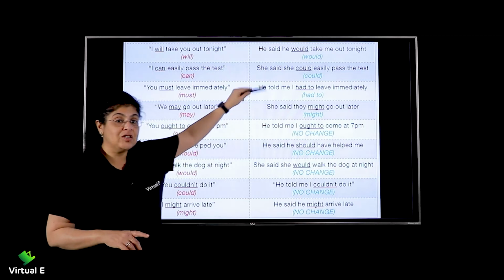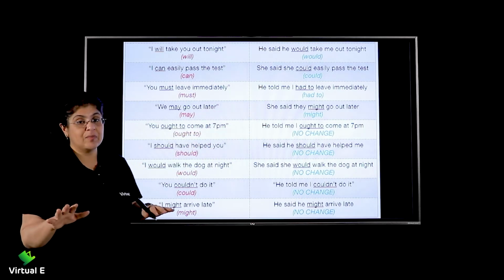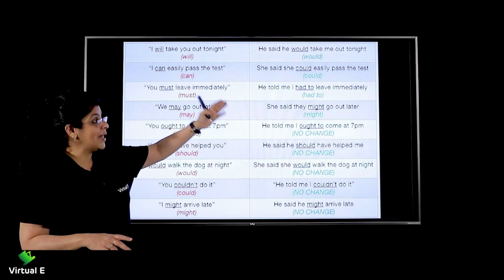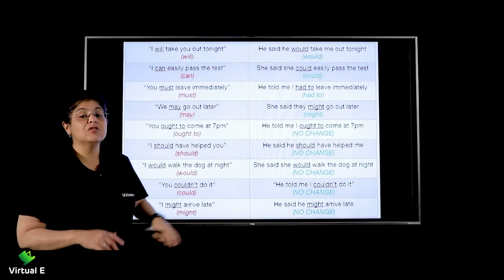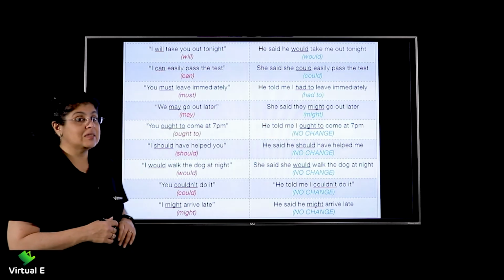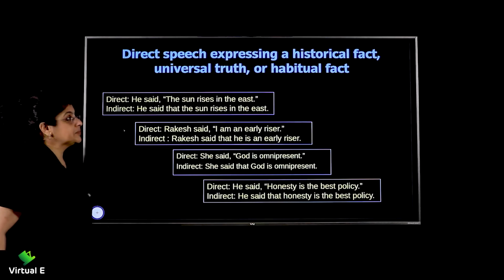You know, these have already changed there. They have no change. We need to just remember this. Will to would, can to could, must to had to, may to might. Apart from these, none of them will change. Please keep this in your mind. It is definitely very much required when we start solving the sentences.